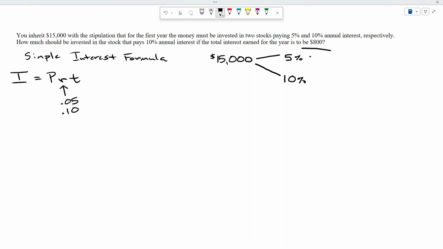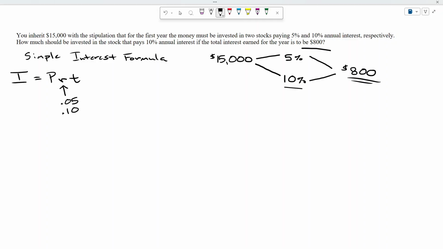And then at the end of the year, between those two stocks, we made $800 in total interest. All right. So if it helps to see it like that, as opposed to the wordage, that is what it's asking. And we specifically need to figure out, of that 15,000, how much was put into this stock in order to hit this $800 interest number.